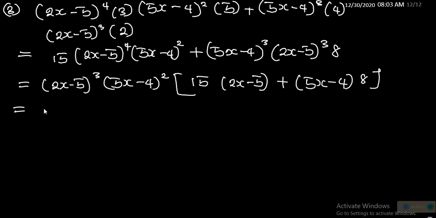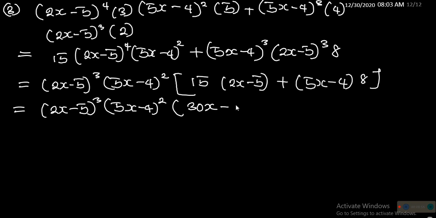So we can expand the square bracket. 2x minus 5 raised to power 3 into 5x minus 4 raised to power 2 into 30x minus 75 plus 40x minus 32, since 4 times 8 is 32.